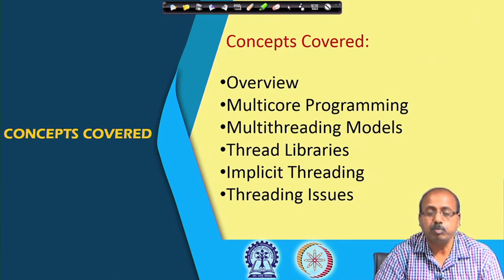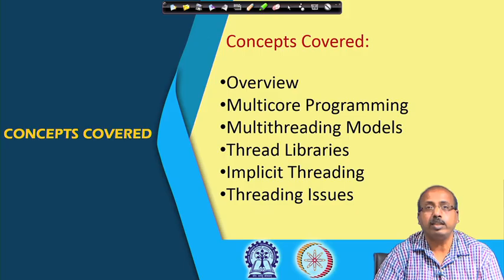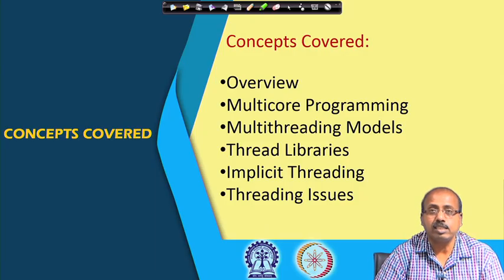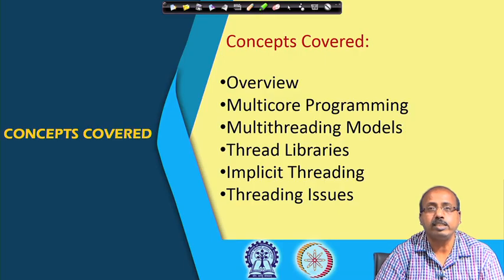So, we will be talking about the multi-threading model. There can be different types of models for these multiple threads, like how they are related to each other. We will be looking into that. Now, for making thread based programming easy, there are several thread libraries available.